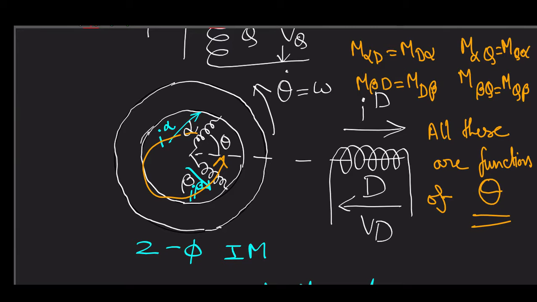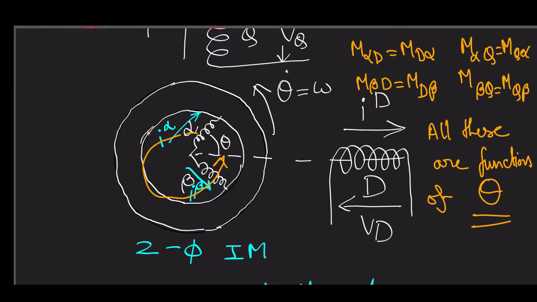These are the two extreme instances. Since all the pairs of windings we are considering are similar and the air gap is uniform, the maximum value will be the same in all cases. Like, what is the maximum value of mutual inductance between alpha and d?